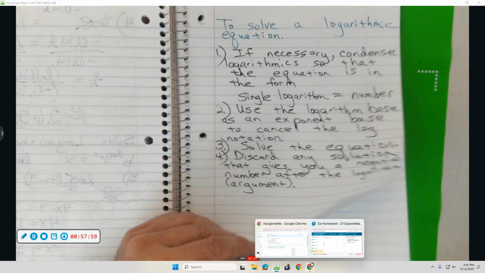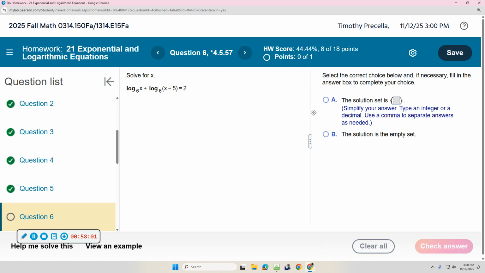Let's do number 6. Log base 6 of x plus log base 6 of x minus 5 is equal to 2.